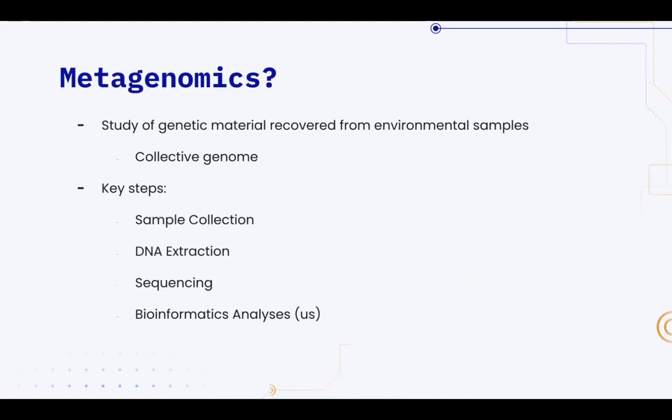For those that aren't familiar with it, metagenomics is a really fascinating and rapidly advancing field. It essentially involves analyzing the collective genome of microorganisms from an environmental sample. This could be soil, seawater, human gut, any sort of whole collection. The primary goal is to understand the microbial diversity and functions in a specific environment.